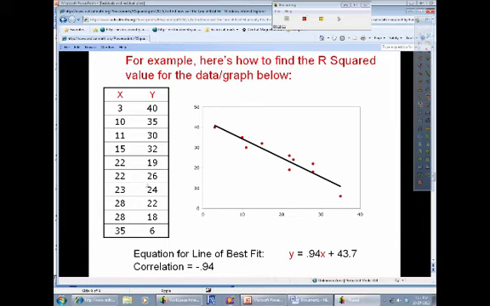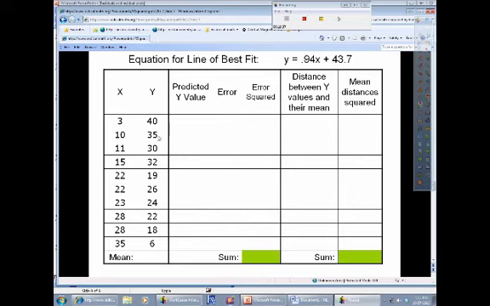There's our table. We're going to take our table and find our predicted value of y. So we substitute each of our x's into the formula to find the predicted value of y.